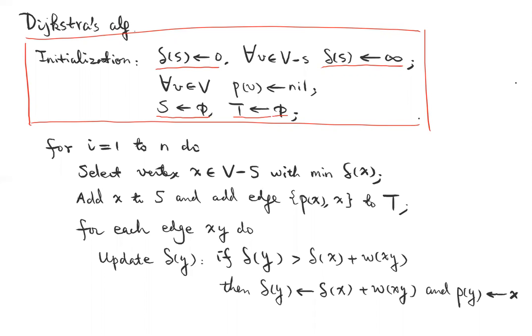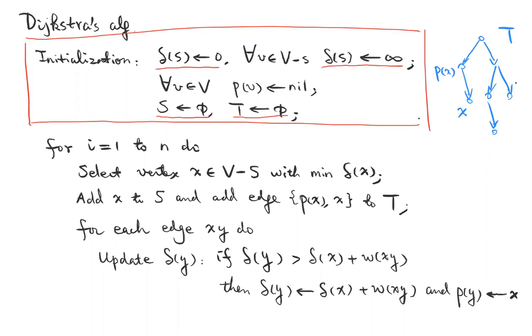Now, in order to indicate tree edges, it's a tree. Eventually, what we get is the shortest path tree. So it's a rooted tree. That's tree T. In order to record the tree, for each vertex we need to know where it came from.